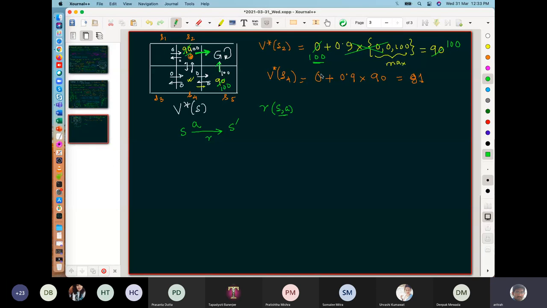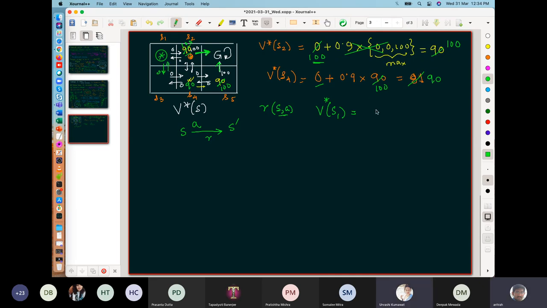Urvashi said it absolutely right. It's 0.9 times the best move that you can make to get the maximum value function. This is 90. Now somebody can compute this state S1. What will be the value of S1 in the optimal move? That will also be 90. This is 100, this is 90, this is 100. From here, if you go this side, it is 0 reward. If you go this side, it is 100.